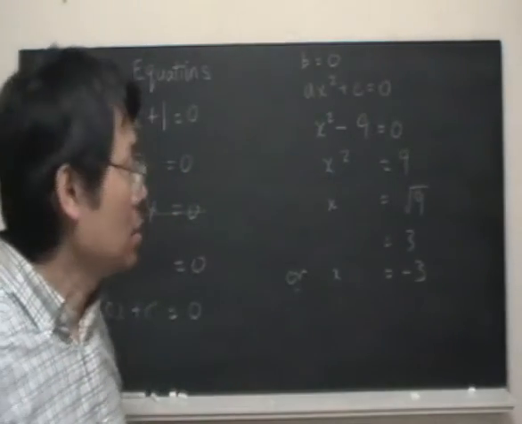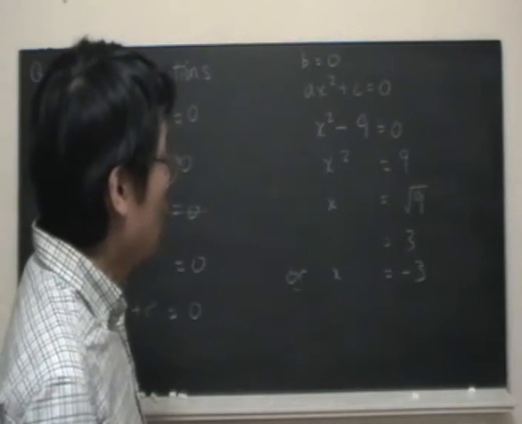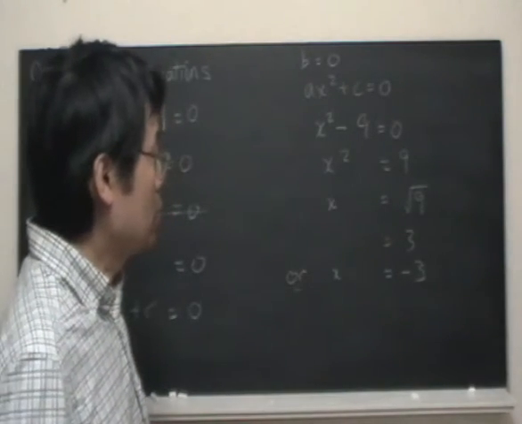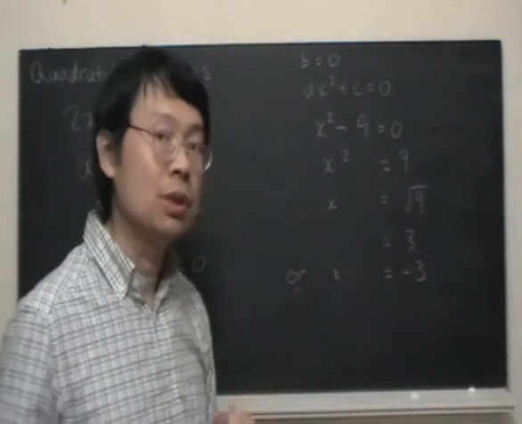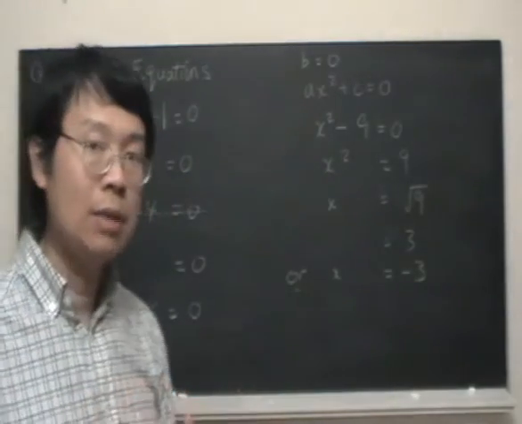That's why there are two possible answers. Now, a simple way, in this case, if the answer can be 3 or minus 3, there is a way to write them together.